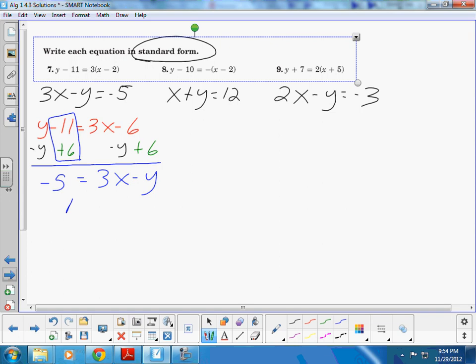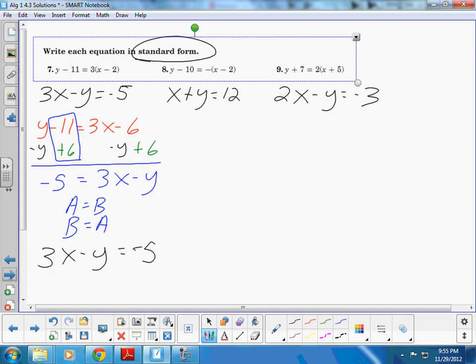Remember, A equals B. It's the same as B equaling A. So in standard form, we have 3x minus y equals a negative 5, like the answer above.